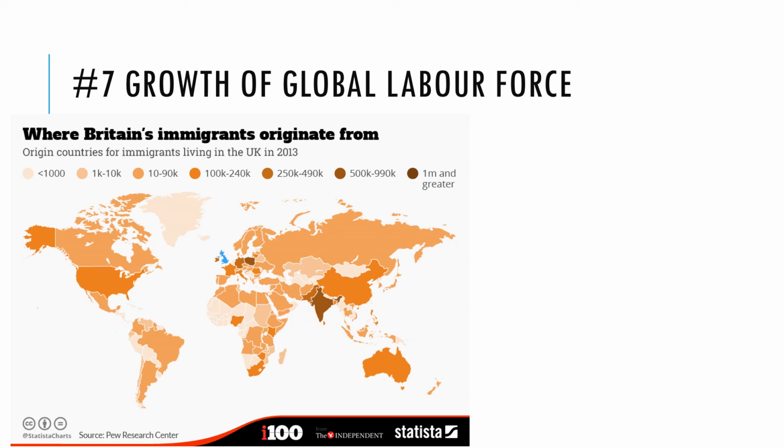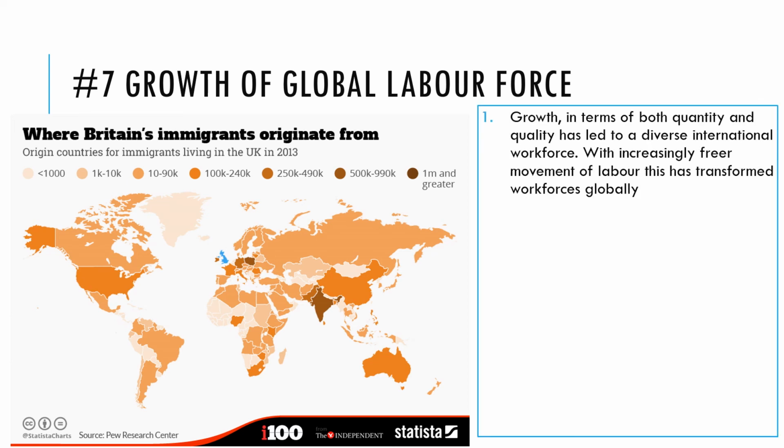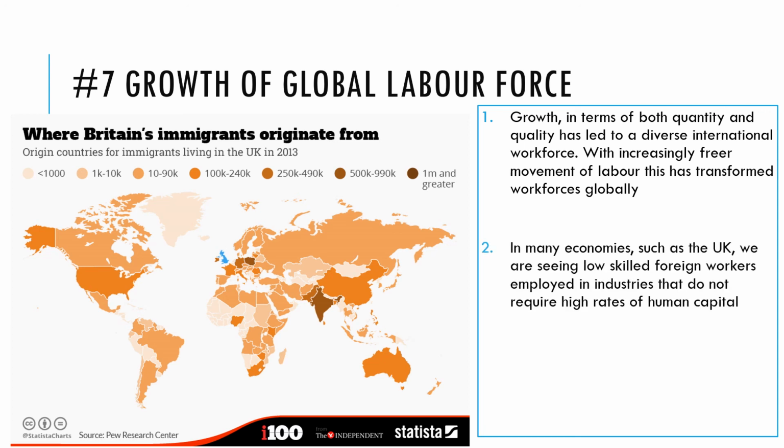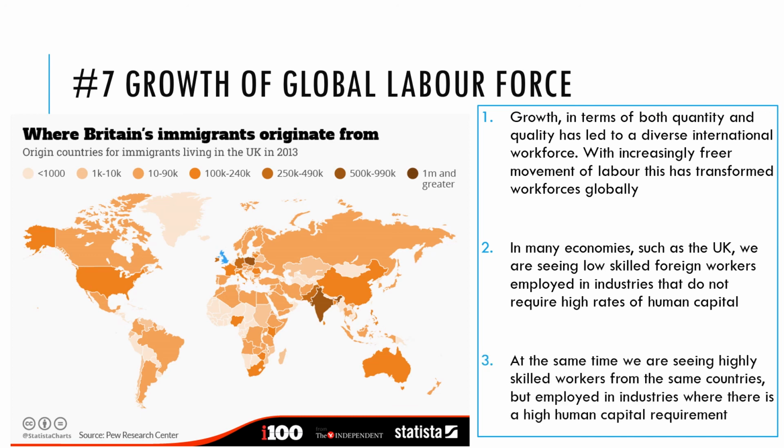And we would describe that now in many situations businesses are looking to hire not just from one particular country, but can hire staff from around the world. So the quantity and quality of the workforce has caused many companies to have quite diverse international workforces. Again, it can apply to low-skilled workers entering industries and also high-skilled workers entering industries.